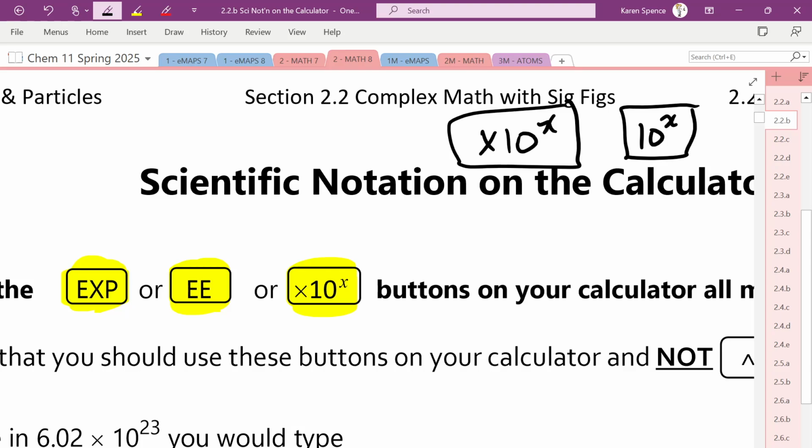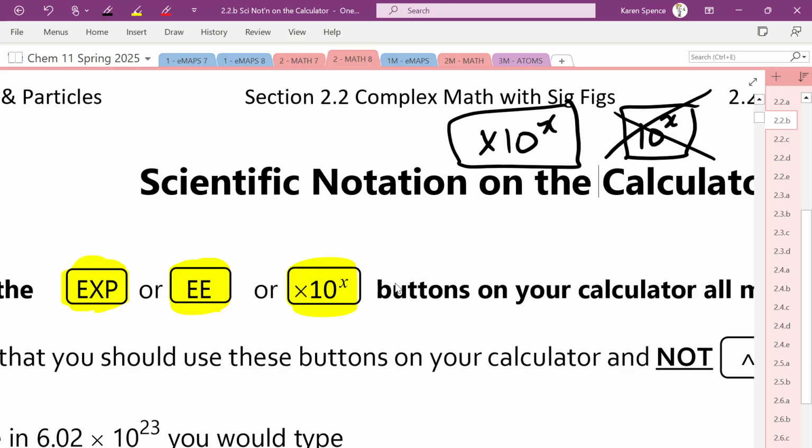Are these different from each other? Yes. Do not use the 10 to the X button. If your calculator has times 10 to the X, not just 10 to the X, times 10 to the X, then you can use it.